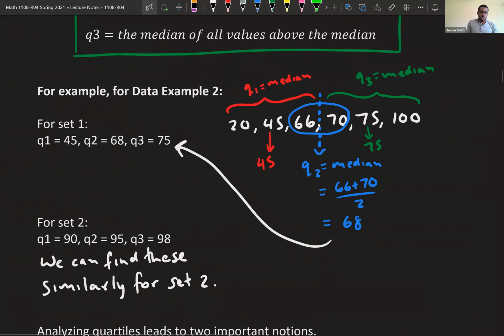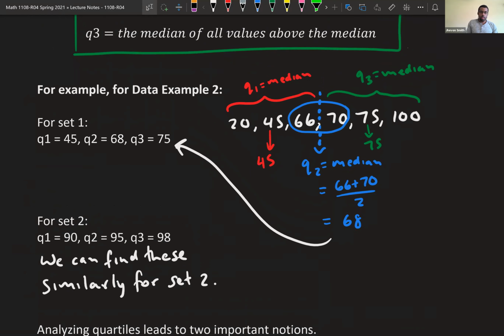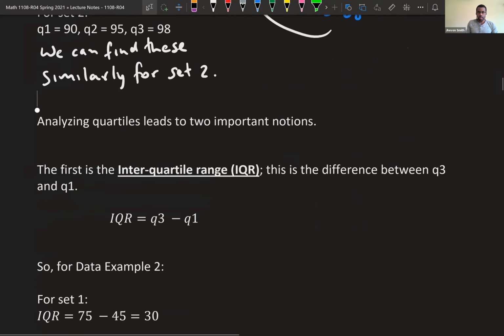So for set 1, the first quartile is at 45. The second quartile is at 68. The third is at 75.